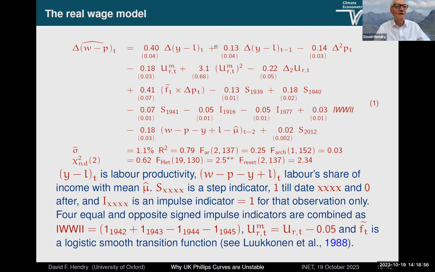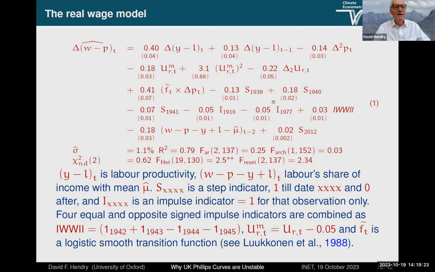The main thing is we're explaining the change in real wages by the change in productivity, that's output per person per year, acceleration in inflation, the unemployment rate squared, but both of these are deviations around the long-run unemployment rate of 5%, the change in the unemployment rate. Then we've got a wage-price spiral effect that I'll discuss.